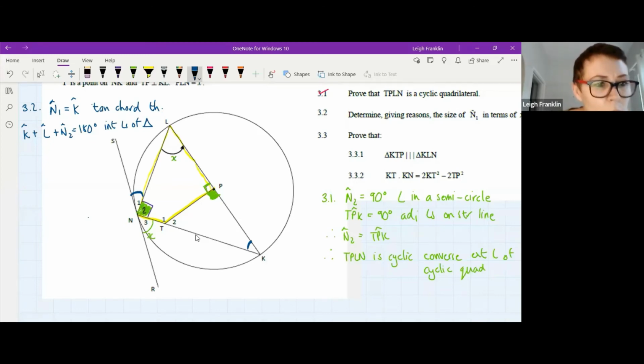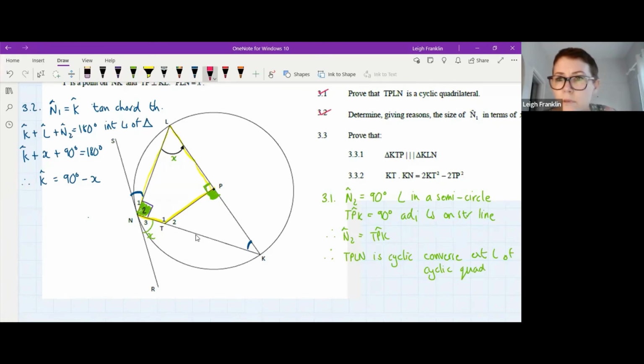So K is what we want. L we know is X. N2 we know is 90. So now we're going to take the X and the 90 over to the other side. So K is going to be equal to 180 minus 90, which is 90, and then when the X comes over, minus X. Does that make sense to everybody?